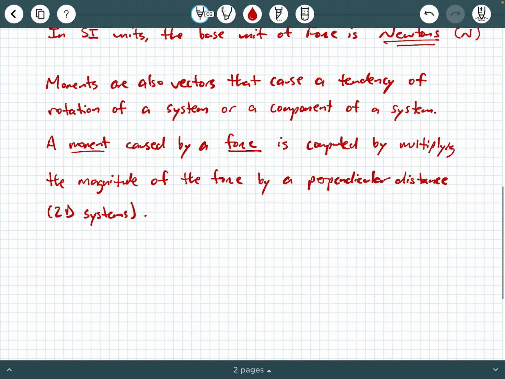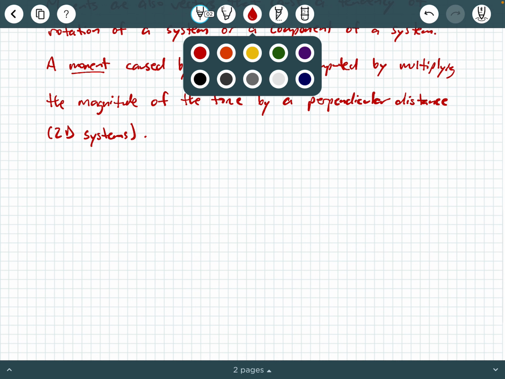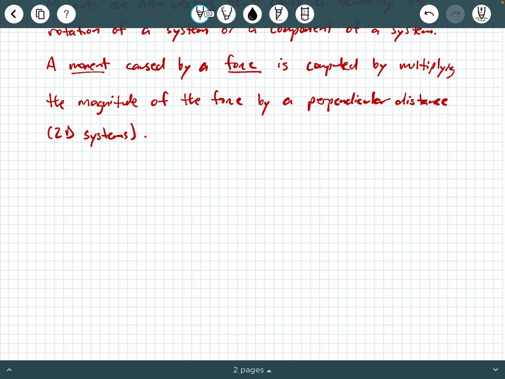Some other important aspects of statics and physics that we need to remember when we're tackling problems in mechanics of materials. The next important aspect that we need to remember is what we call external support reactions. So what are those things?